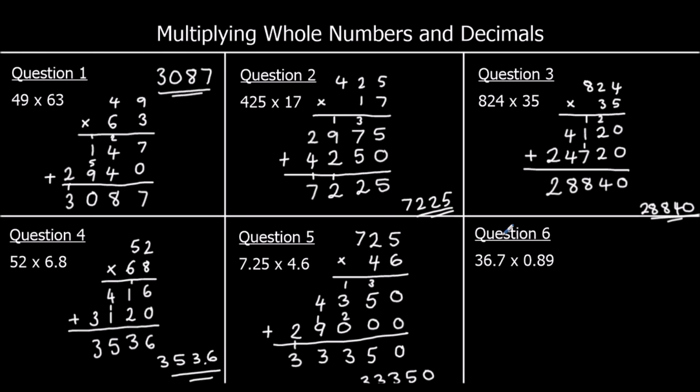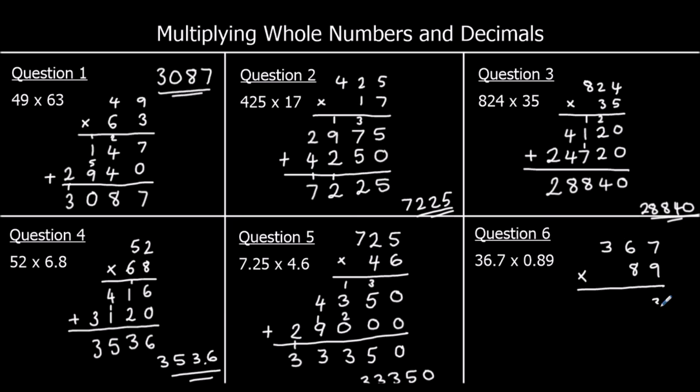And finally, question 6. So we've got 36.7 times 0.89. So we're going to work out 367 times 89, and we'll add the decimals back in at the end. So we'll start with 9 times 367. 9 sevens are 63.